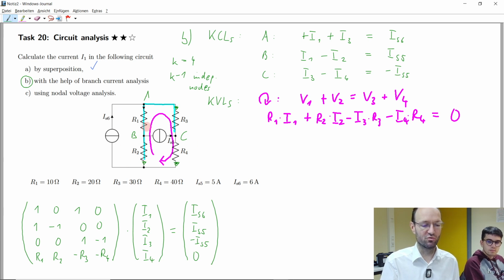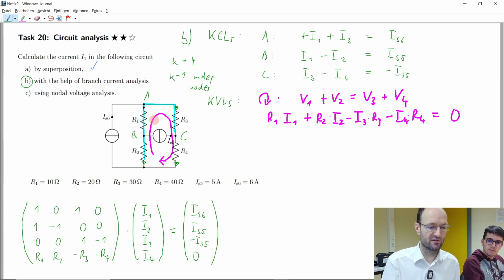You could also use this other complete tree and write down two more Kirchhoff's voltage laws for the two unknown voltage drops across the current sources. In this case, it's also exactly the same, because the first time you have the voltage with the plus, the second time you have the voltage with minus. So if you sum up, it's the same.